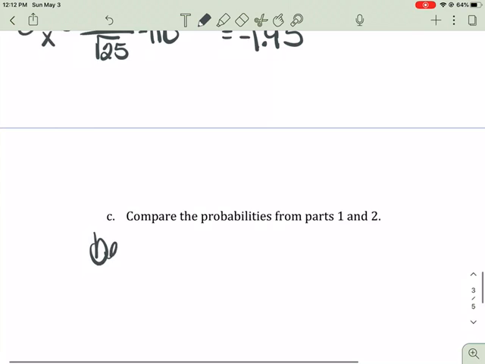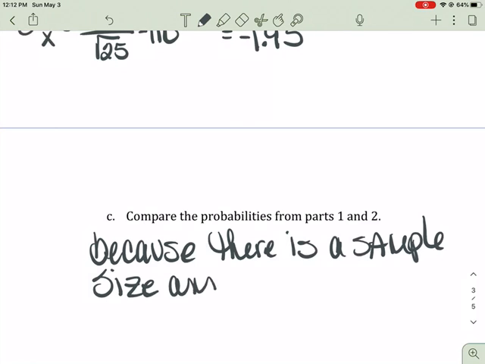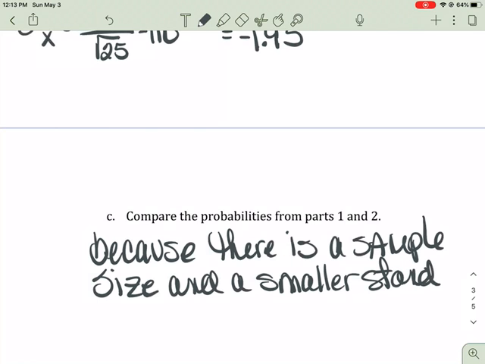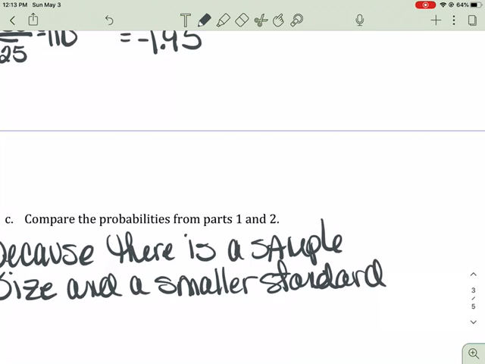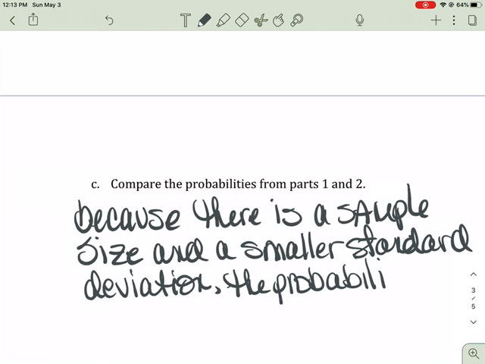When we compare the two, because there's a sample size and a smaller standard deviation, the probability becomes smaller.